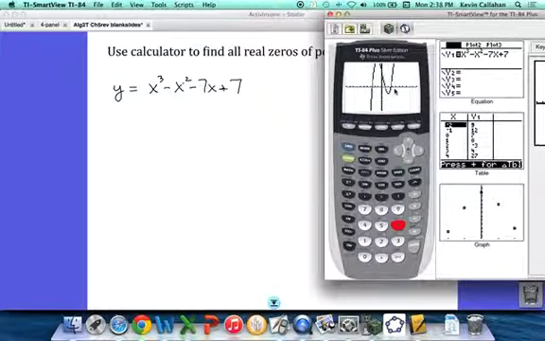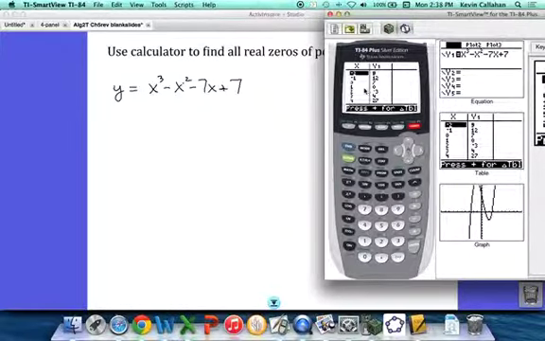Does it look like any of these might be right at an integer value that's in the table of values? I mean, that one right there looks like it's at 1. How can you verify? Yeah, above the graph, that's table. So you go second graph. And you look, at x equals 1, what is the value of y? 0. So there's one answer.